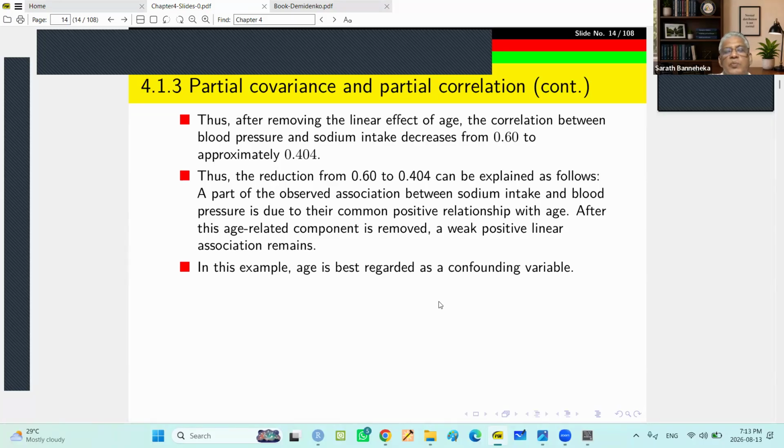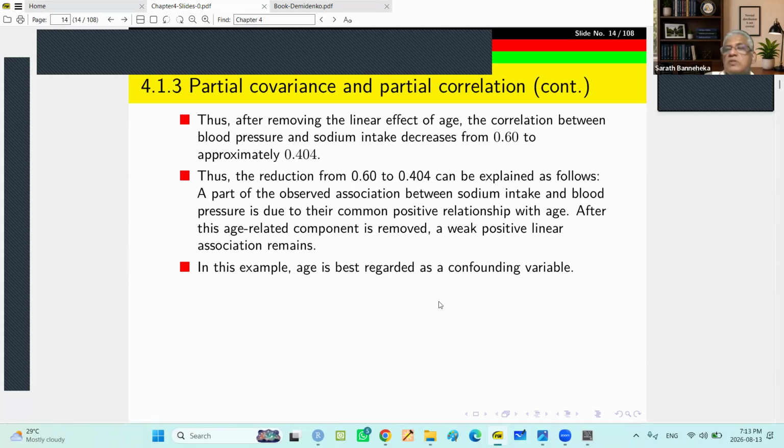After this age-related component is removed, only a weak positive linear association remains between X and Y. In other words, a part of the observed marginal association between sodium intake and blood pressure may be due to their common positive relationship with age.